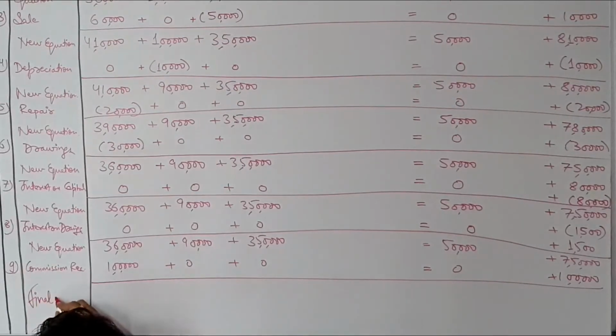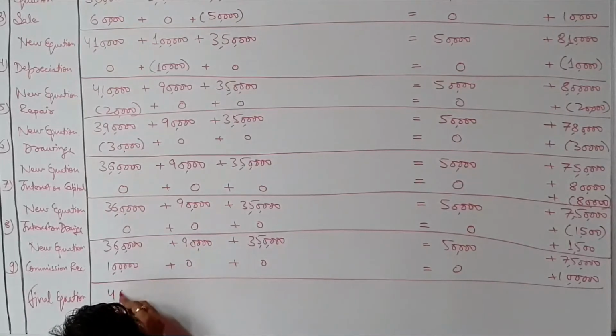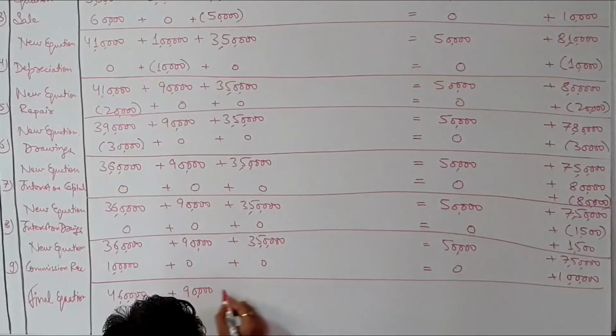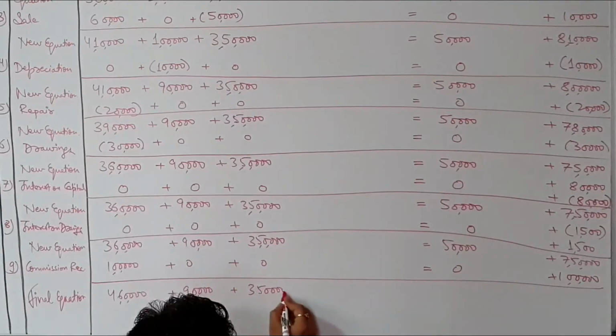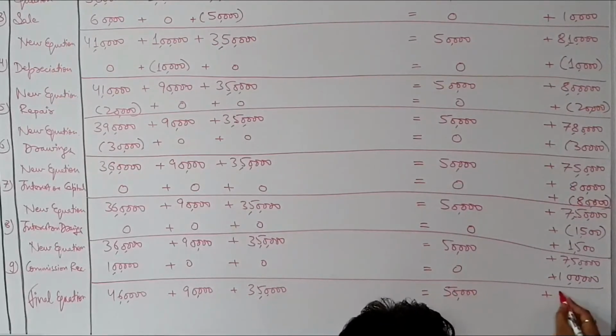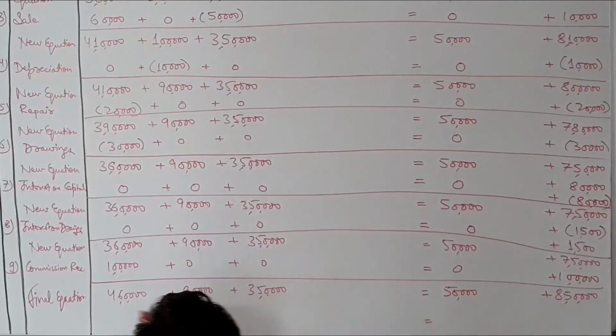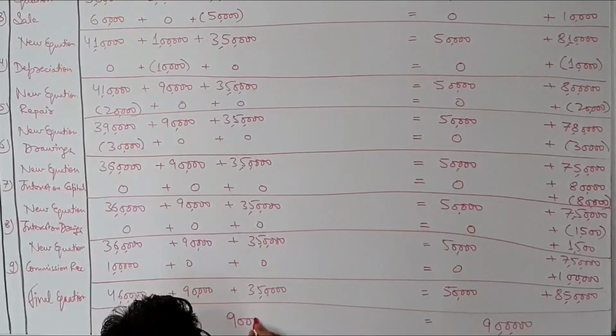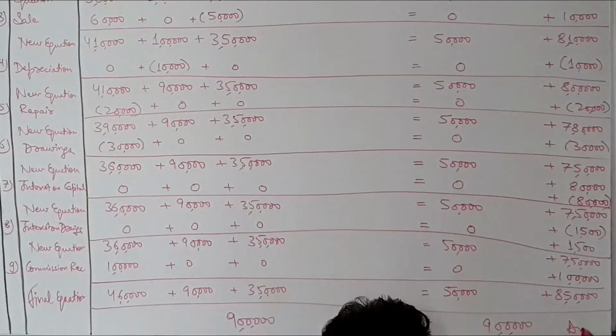Final equation. Now this will be the final equation. 4,60,000 plus 90,000 plus 3,50,000 equals 50,000 plus 8,50,000. Now the final equation can also be shown as 9 lakh rupees equals 9 lakh rupees.